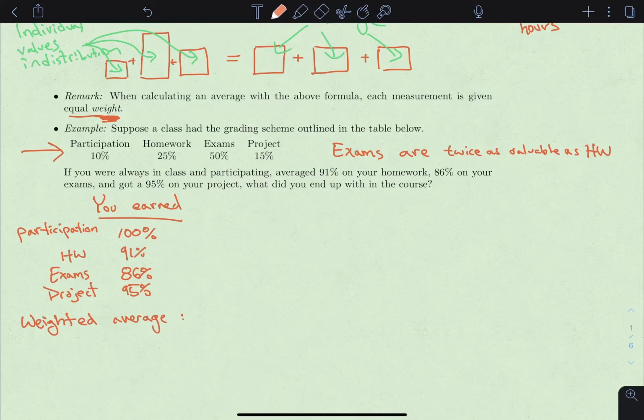And we can translate this into a table. The weights: participation is worth 10%, homework is worth 25%, exams are worth 50%, and the project is worth 15%. You can note that these add up to 100%. That's different than the items on the left, which were each out of 100%.